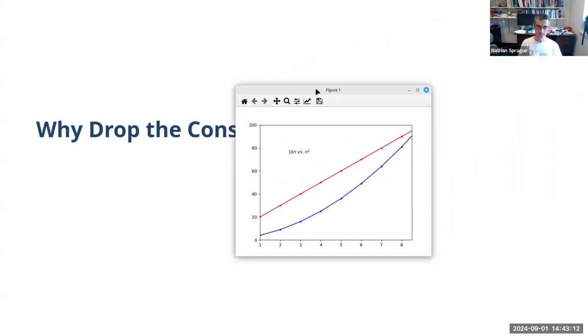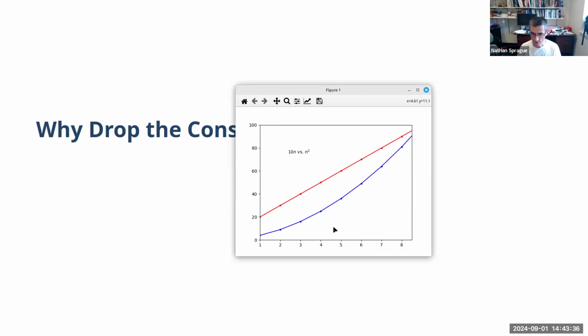Let's compare the function 10n to n squared. Now, if we're just looking at this figure, we might be tempted to prefer n squared as an algorithm. It takes fewer steps for all of the inputs that are being plotted here. And we want faster algorithms. We want algorithms that take fewer steps.